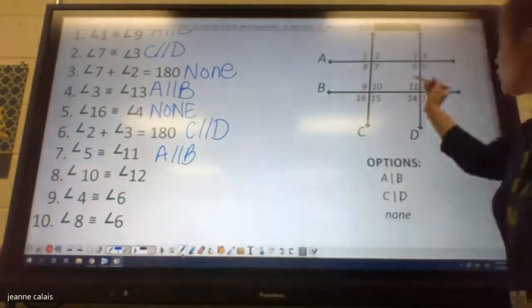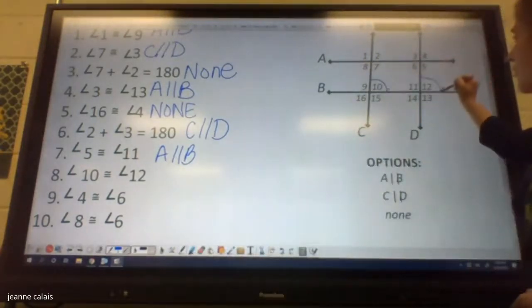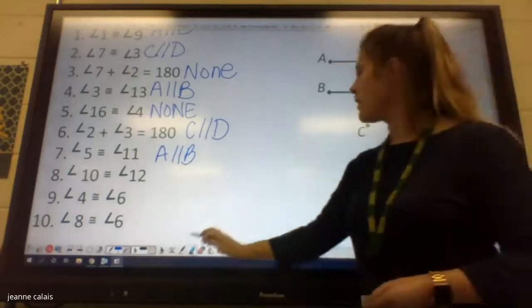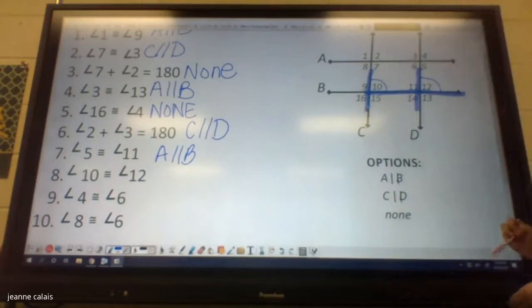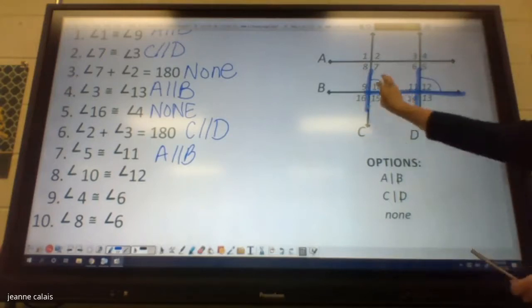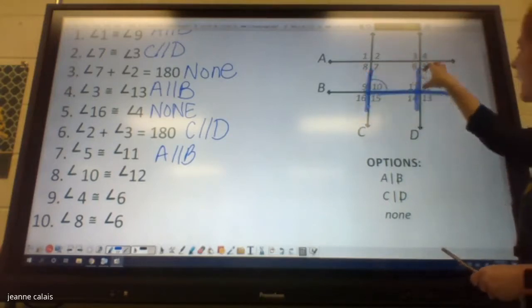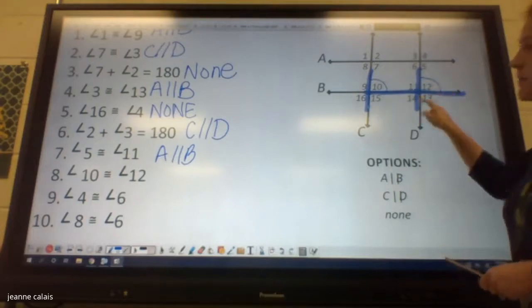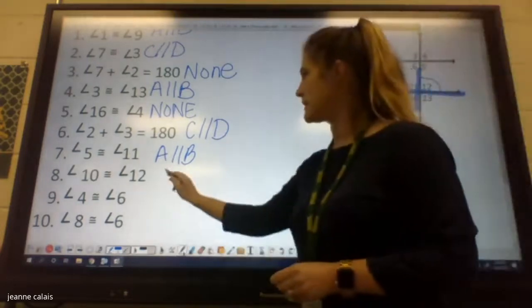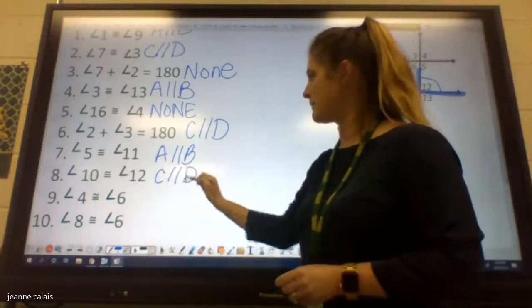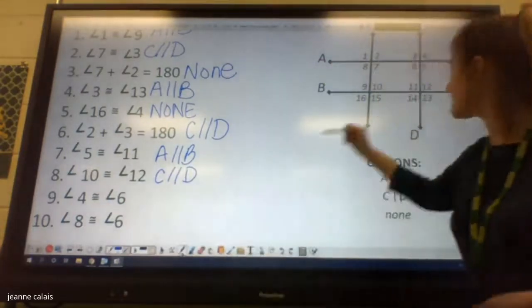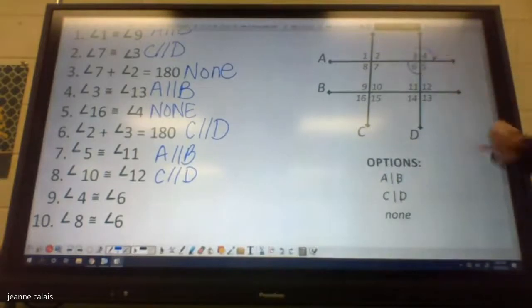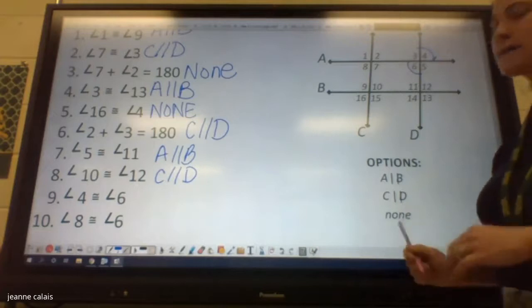All right, 10 and 12. 10 and 12 has nothing to do with line A, and that would be corresponding. If I cut these 4 and place it on top of here, 10 would sit on top of 12. So C parallel to D. Okay, 4 and 6. 4 and 6 are vertical angles, and vertical angles are always going to be congruent.